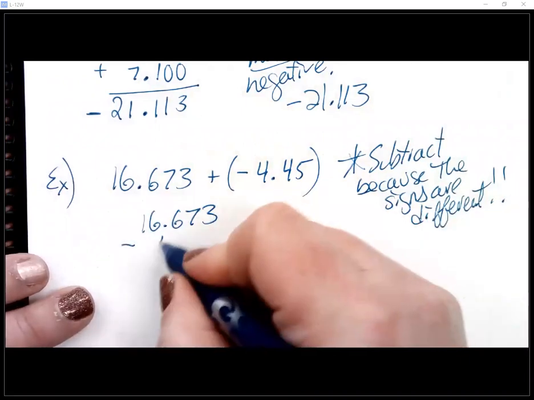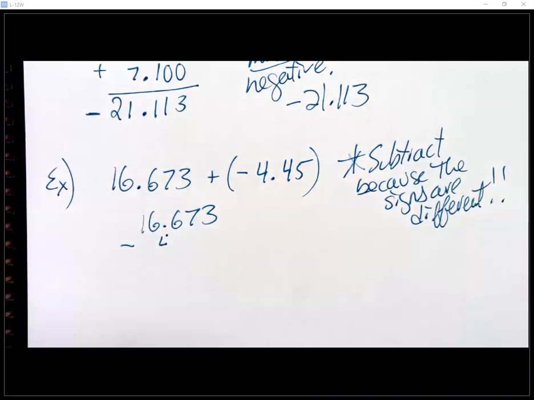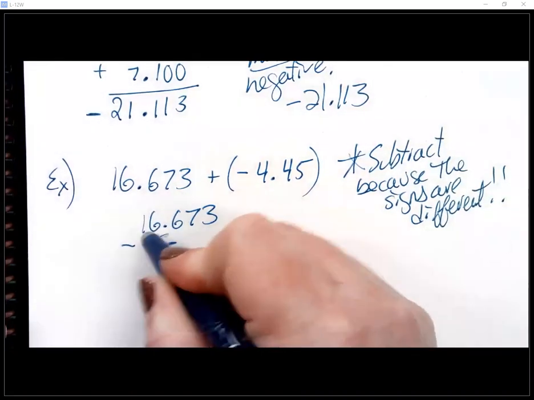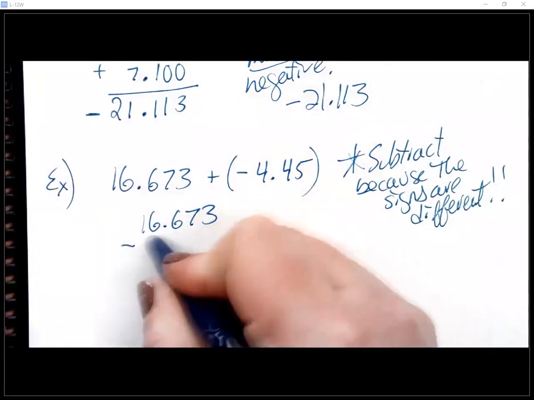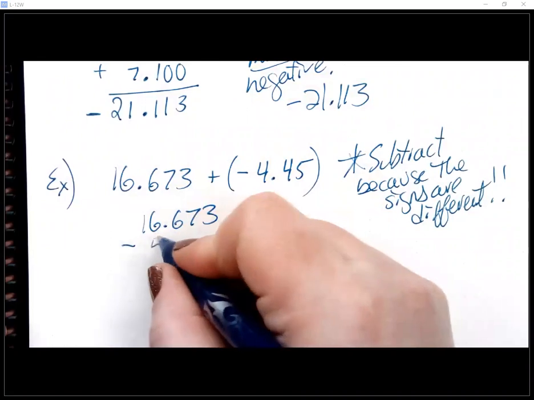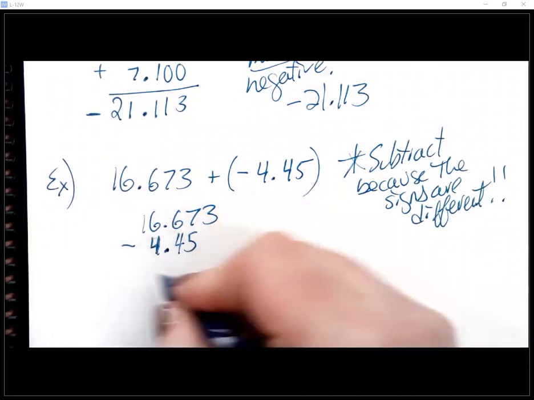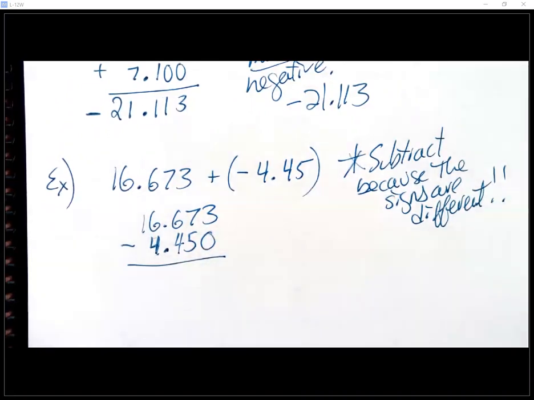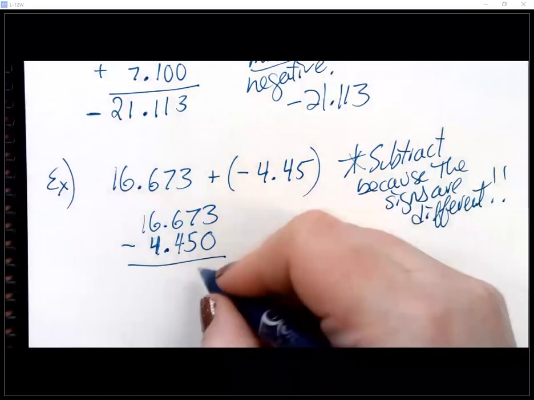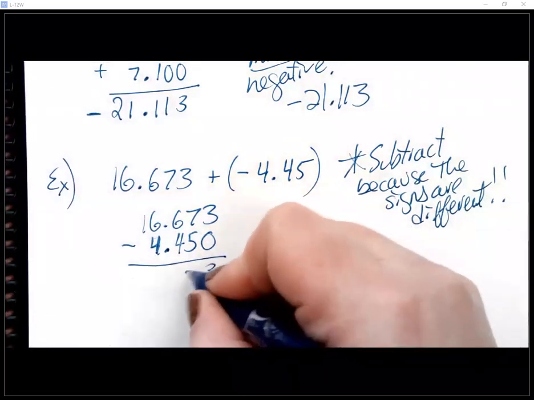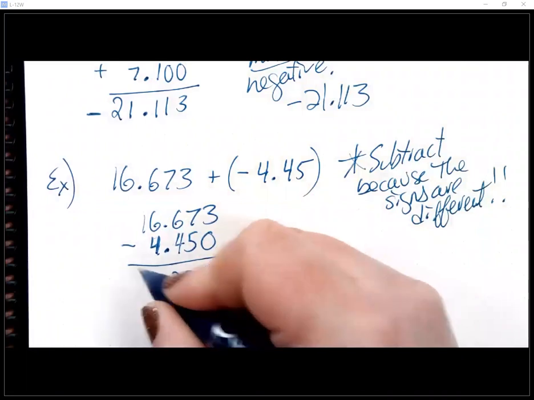Oops, I did not do a good job of lining up the decimals. 4.45. There we go. And now add in that 0. Now I subtract like I normally do. 3, 2, 2, bring down that decimal, 2. Oh, that's a funny number.